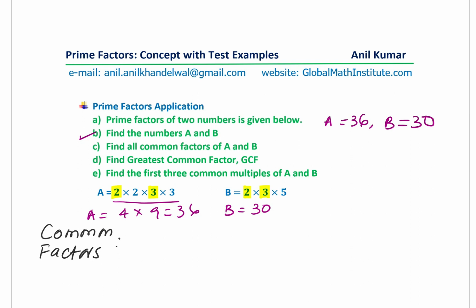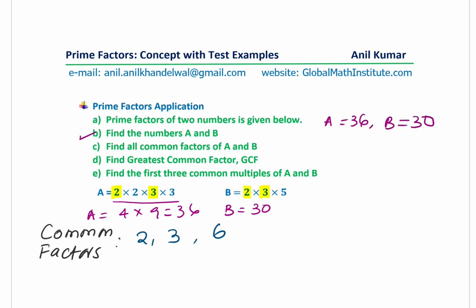So we could have common factors as 2 or 3, right? Is that all? Well, we also get 6. When you multiply 2 and 3, you get 6. So the common factors actually are 2, 3, and 6. You get an idea. So that is a trick. It is very important to understand that you get the factors of factors by multiplying them.